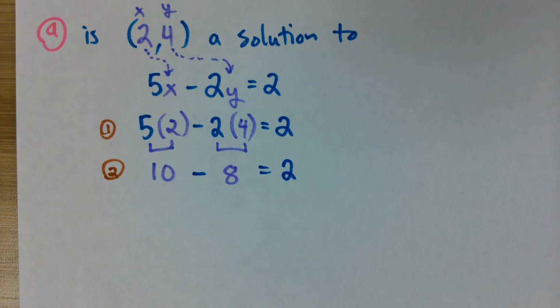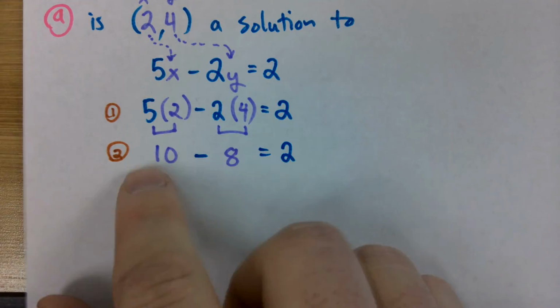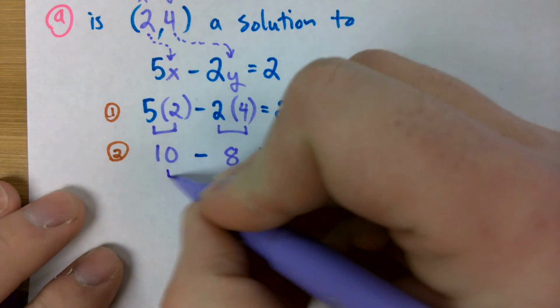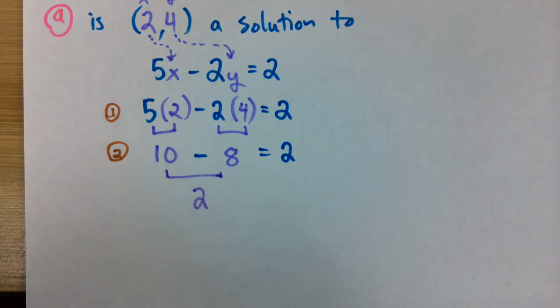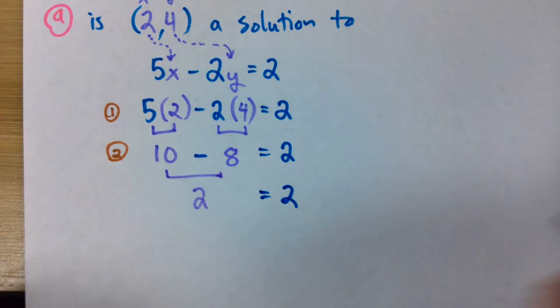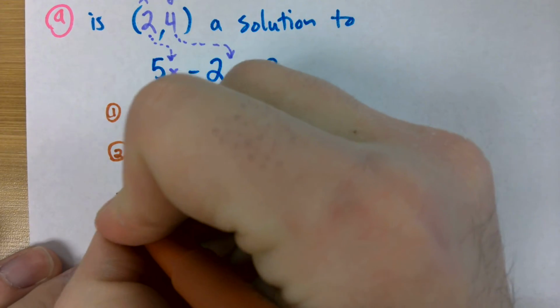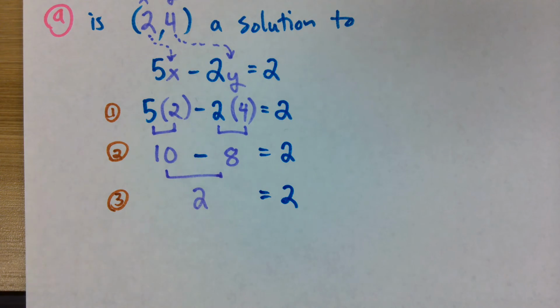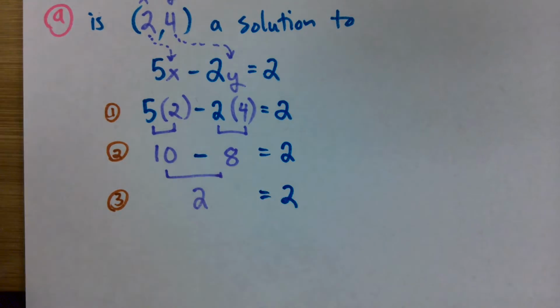We can see already that's a true statement, but let's finish solving via PEMDAS. 10 minus 8 is going to give us 2. So our step 3, we see our resulting statement here is 2 equals 2.